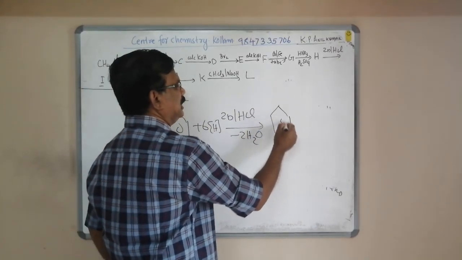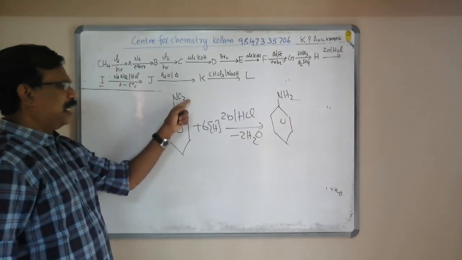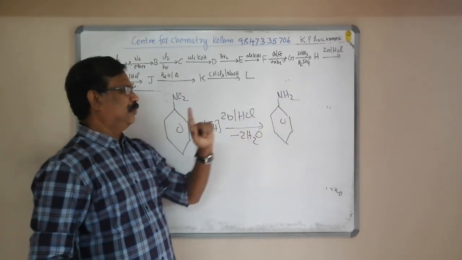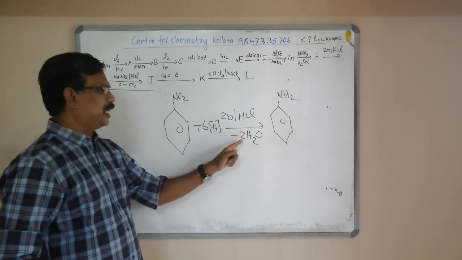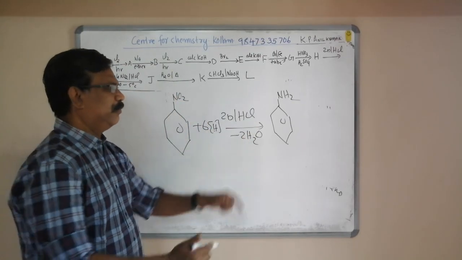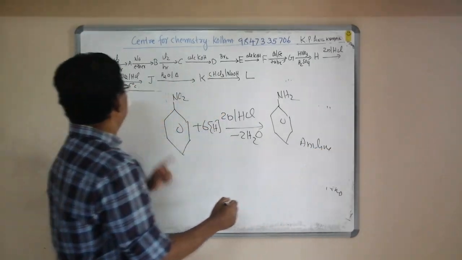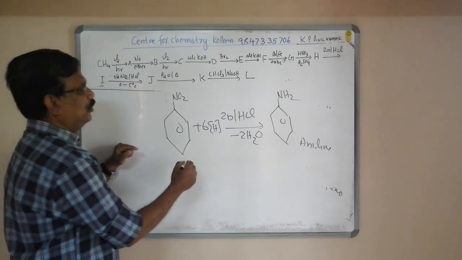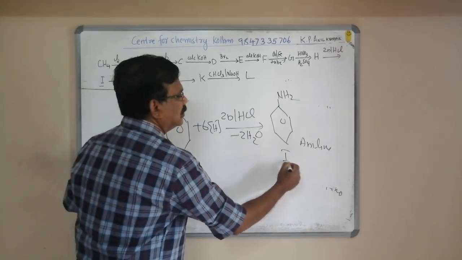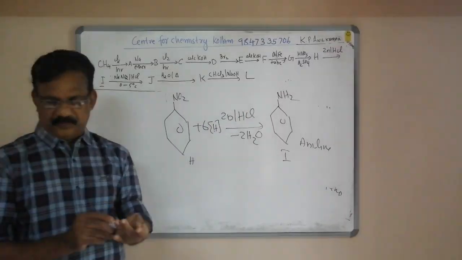So nitrobenzene is changed into aniline. When NO2 is reduced, it is changed into NH2. So aniline is I. So methane to aniline.